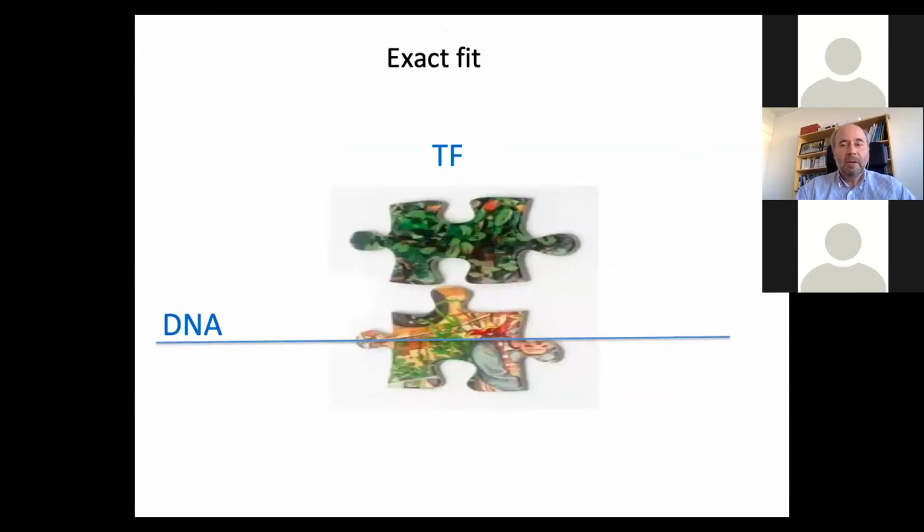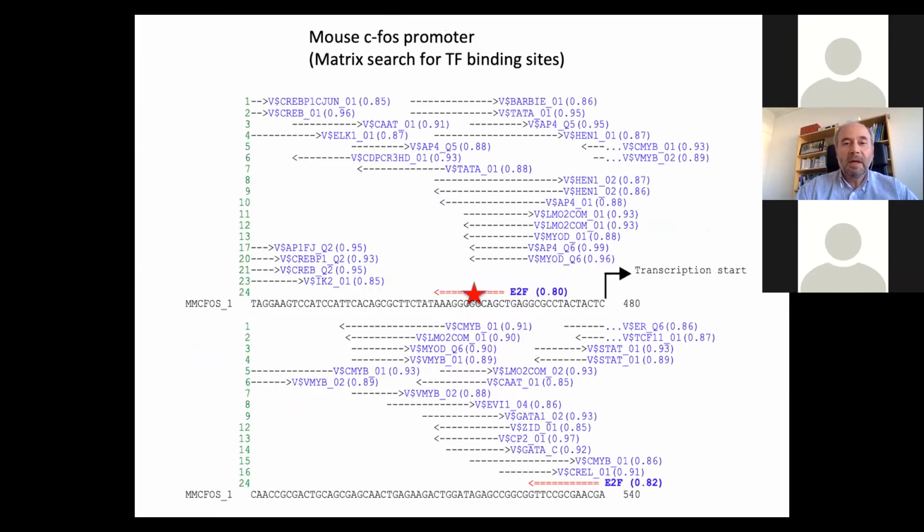In fact, we know that the binding of transcription factors to places in the genome is not exact, so we should forget this concept of exact fit. They are binding very approximately, and this leads to the problem that the same place in the genome can be bound by different transcription factors.